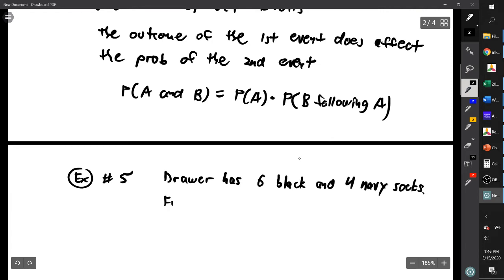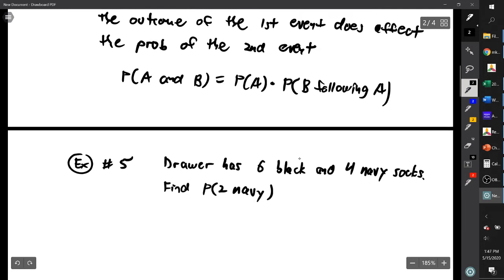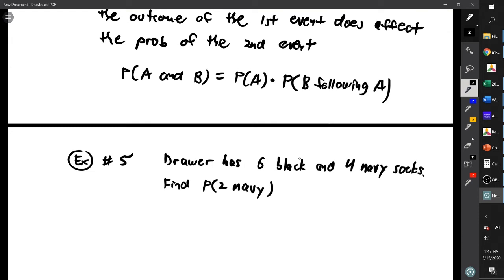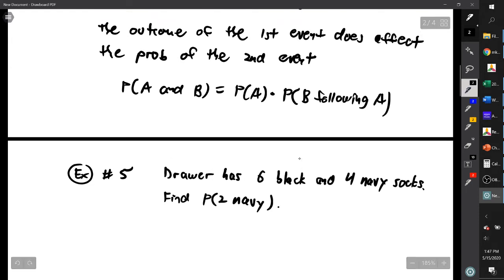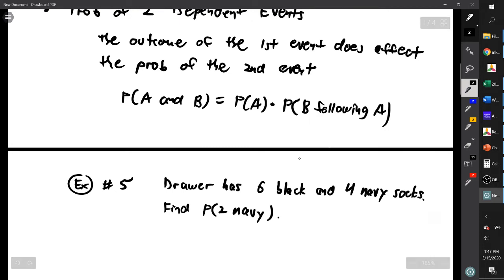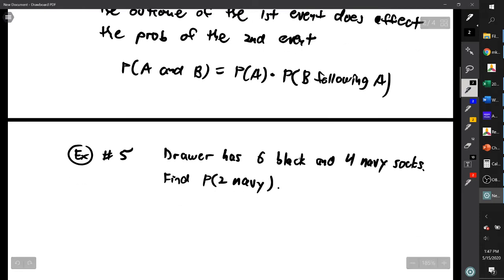Find P of 2 navy, without replacement. But it's not needed to say without replacement. It's more important to say so if you are replacing it. If not, it's a little bit more assumed that there's no replacement.